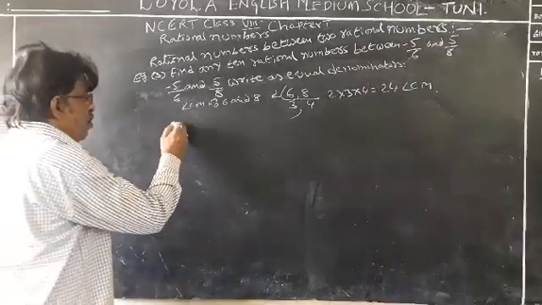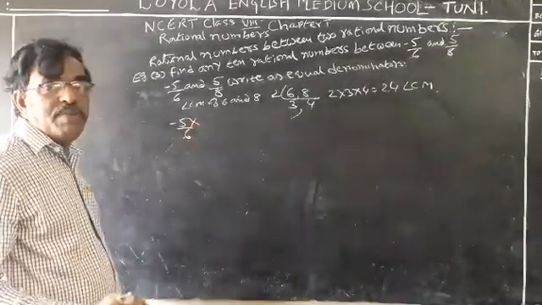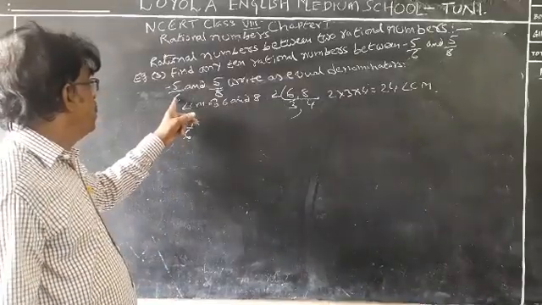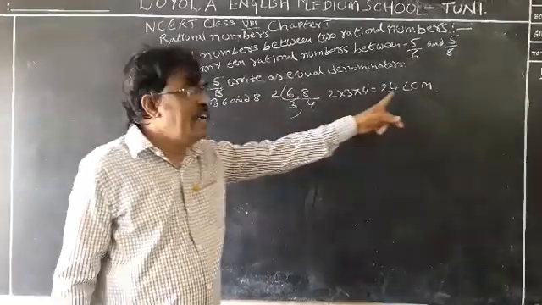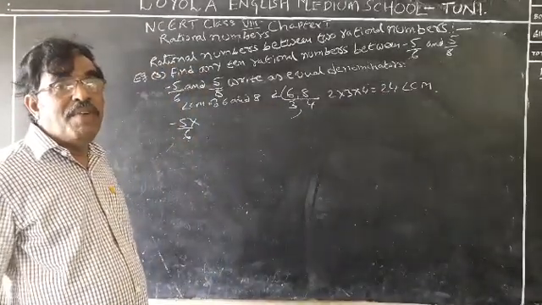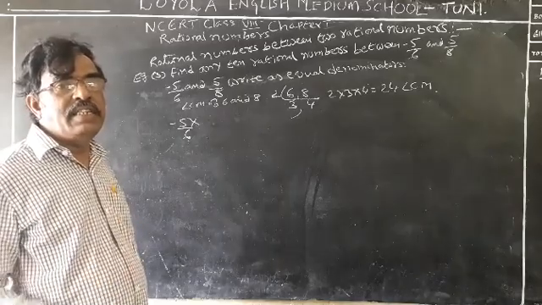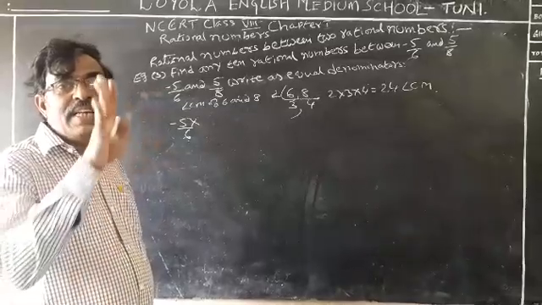How do we convert minus 5 by 6 into like fractions, equal denominators? Here, 6 fours are 24. The value of a fraction does not change if both numerator and denominator are multiplied or divided by the same number.